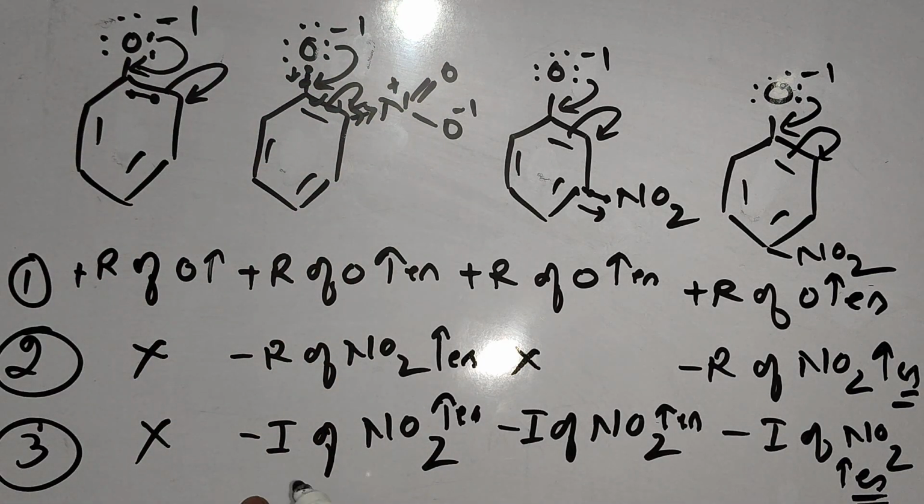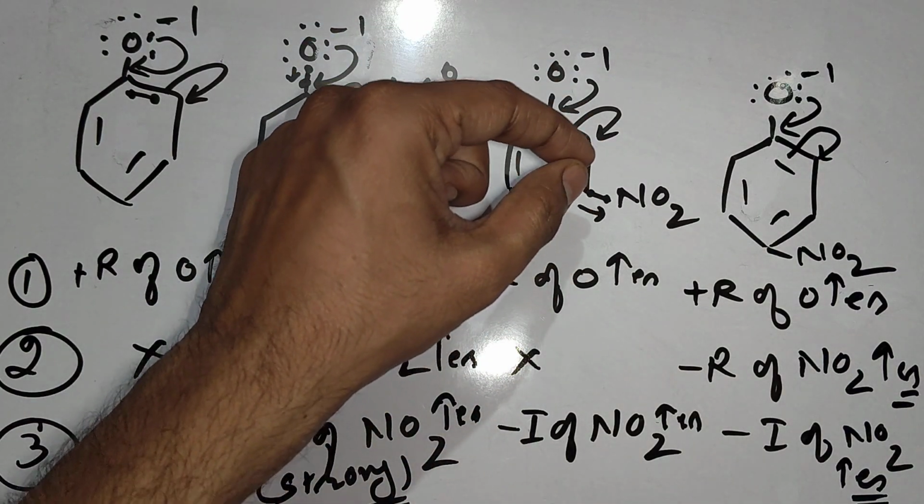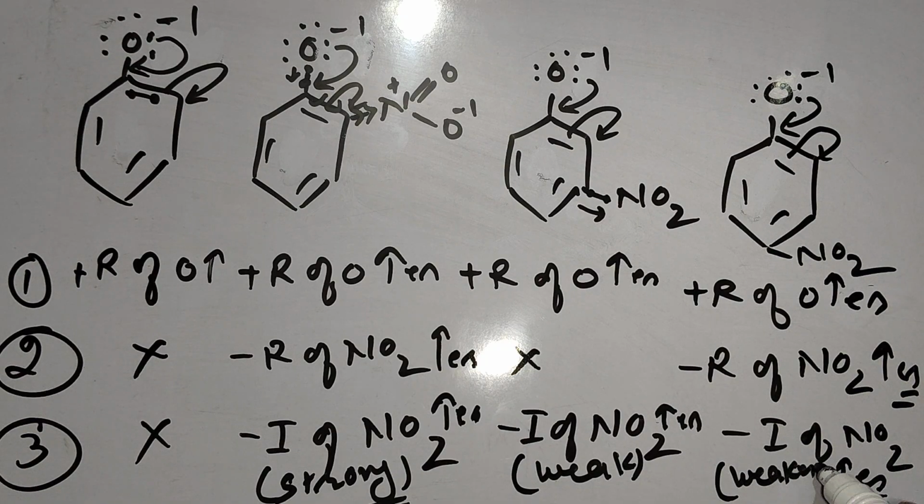So you will say, in this case we have a strong minus I effect. Now as distance increases, the minus I effect will decrease. In this case you will write weak minus I effect. And here the weakest minus I effect. That's it. Everything we have written about the effects.